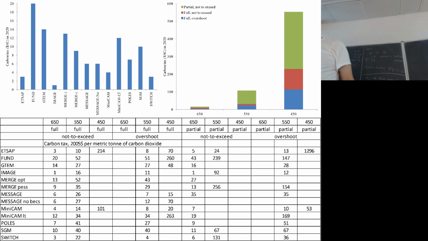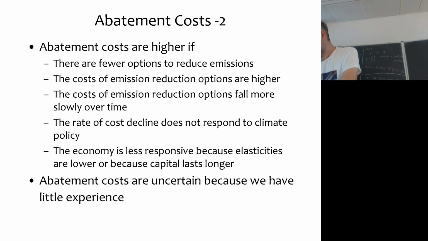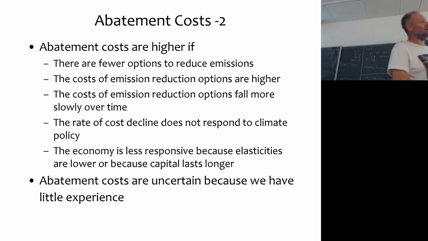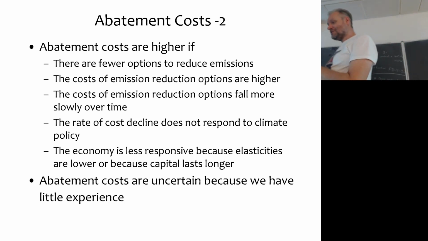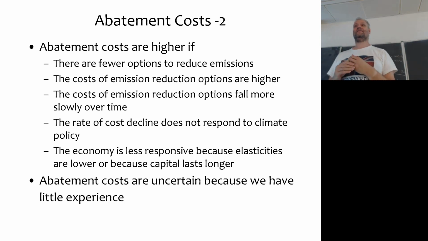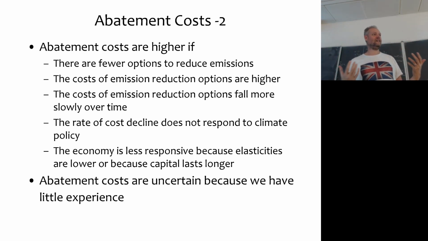So now, why do these abatement costs differ so much between models and between assessments? There's actually a whole range of reasons for that. The first is the availability of technology. If you assume that there are no social constraints on the expansion of hydropower and nuclear power, then it is relatively cheap to reduce emissions.